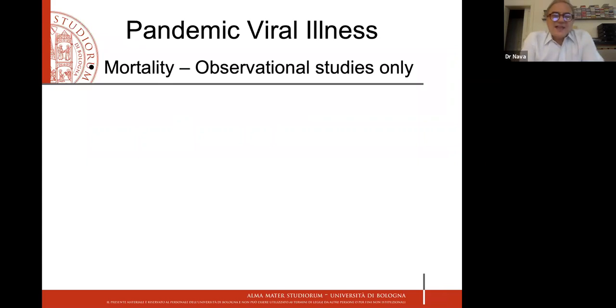Well, at the time of these guidelines, only observational studies could be found in the literature. And most of them were dealing with a single outcome, but quite important, that is mortality.